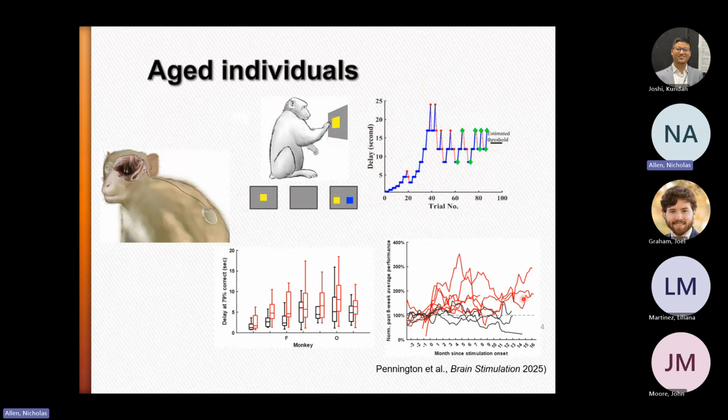The red lines here represent the control animals that had surgery but no stimulation. So in fact, the stimulation persisted, with the animals benefiting throughout this entire interval.